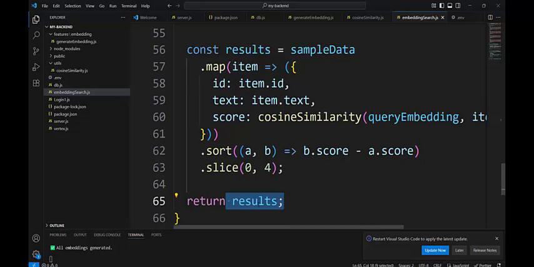And we see that list, from the biggest number to the lowest.